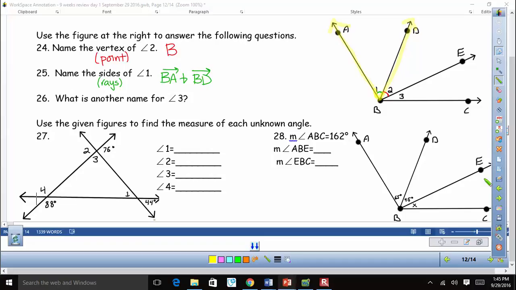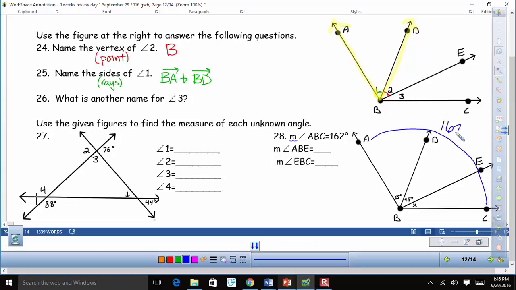Would y'all like to look at 27 or 28? Okay, let's look at 28. For 28, we are given that ABC, this entire measure right here, is 162. They want me to find ABE and then EBC.